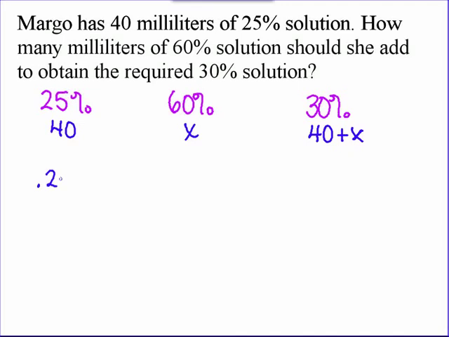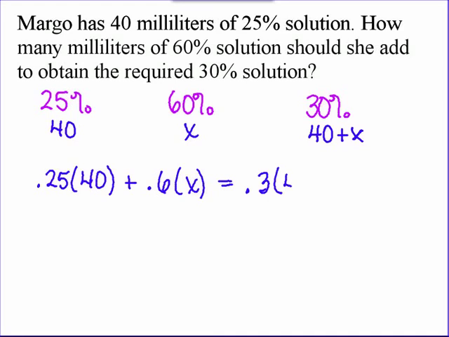So now I'm going to write my equation. My equation is 0.25 times 40 plus 0.6 times x, or 0.60, it's the same thing, equals 0.3 times 40 plus x.